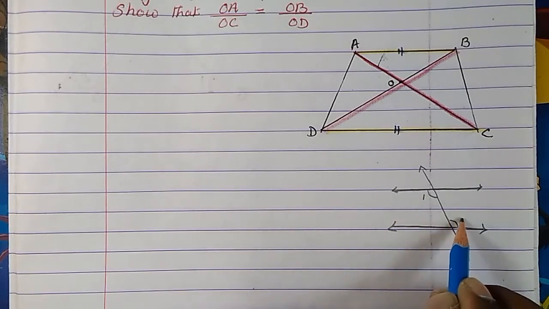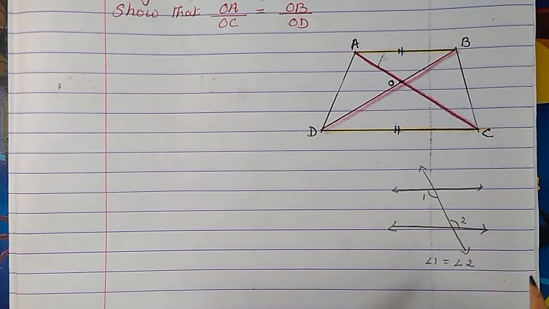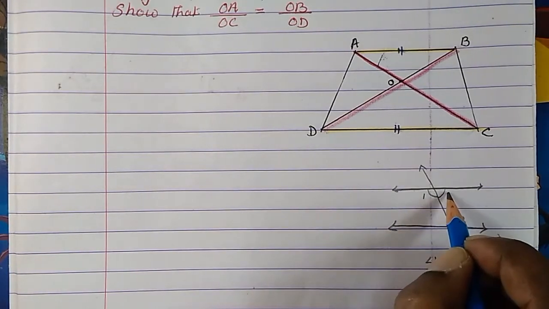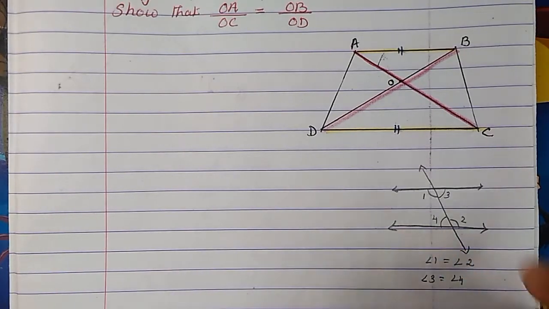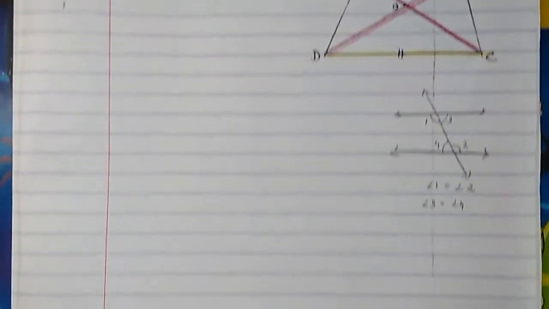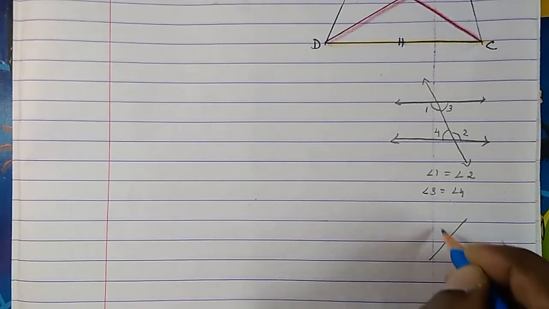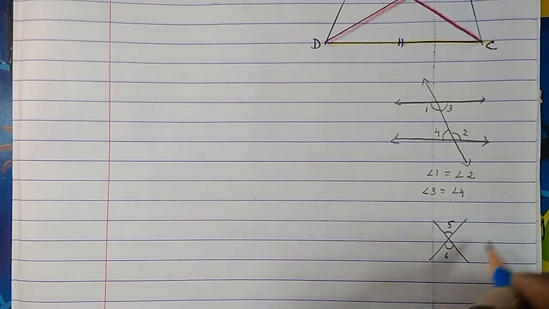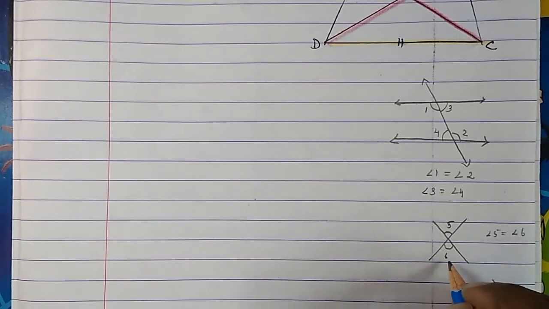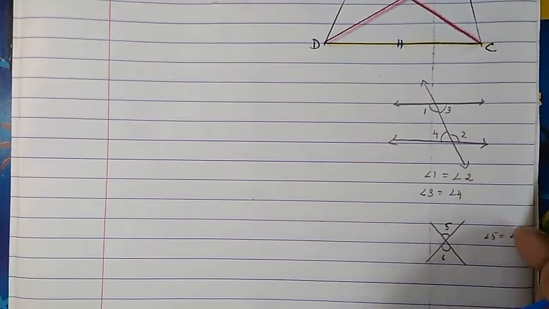Angle 1 will be equal to angle 2 because they are alternate interior angles. In the same way, angle 3 will be equal to angle 4 because this also is an alternate interior angle. Then one more thing we have studied: when two lines intersect, the angles formed in opposite directions will be equal. So angle 5 will be equal to angle 6. In the same way this angle will be equal to this angle. So these two things we are going to use here.